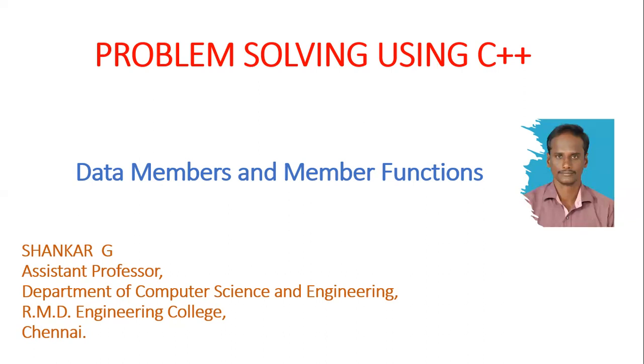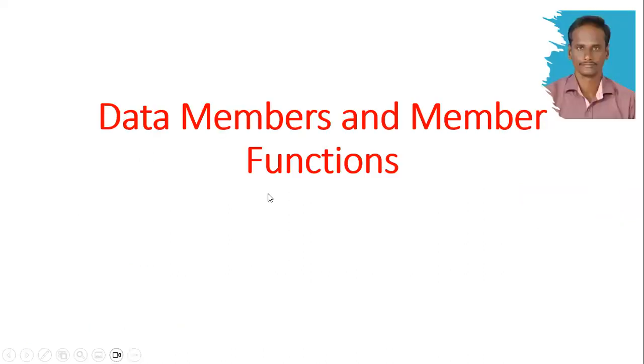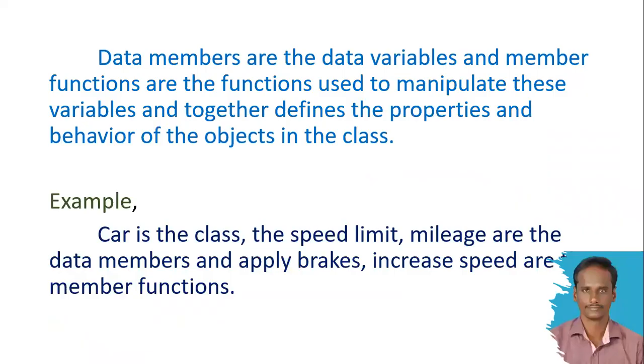Let us see what data members and member functions are. First, we will look at data members. Data members are the data variables. We know what a variable is and how we declare one, for example, int a.